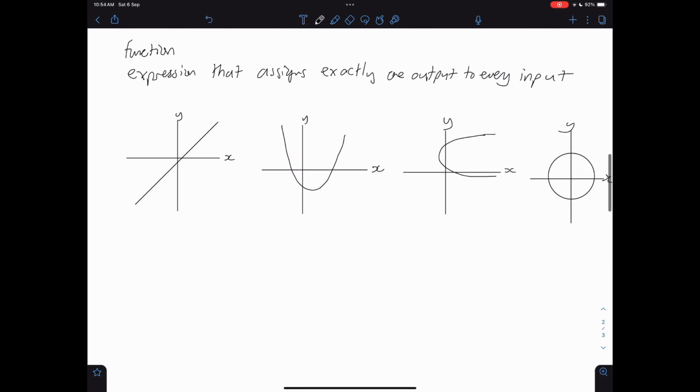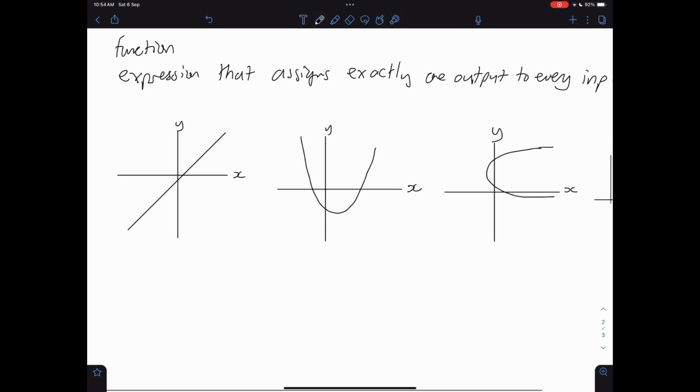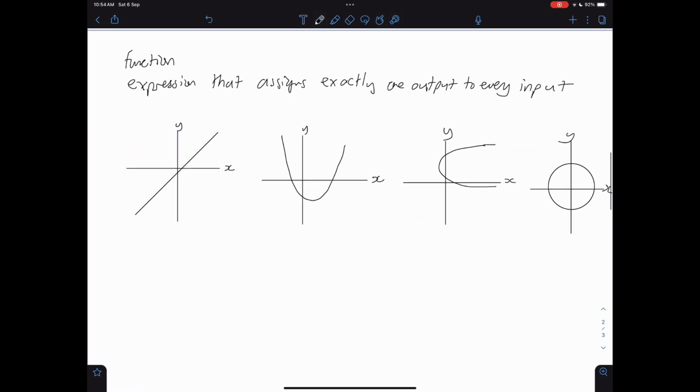Not all of these are functions, because not all of these match our definition. In here, let's have a look. As we go along from here, we can notice that for every input, which is an x value, there is only one output, which is your y value.